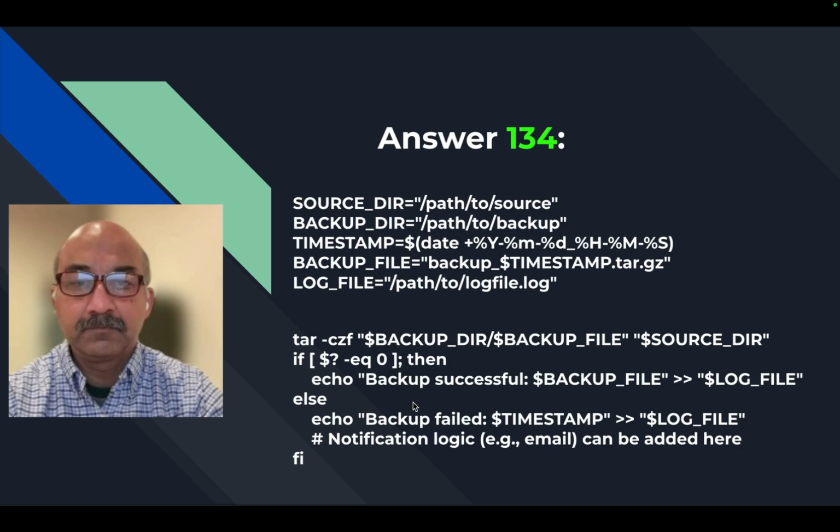And if it's not successful, then you write that the backup failed in the same log file, right? You can also add a notification to email or Slack or whatever, saying, hey, backup failed, do something. So these are the steps that you should be able to articulate, and how we're going to go about writing this bash script that will back up a directory over and over again, depending on the time.